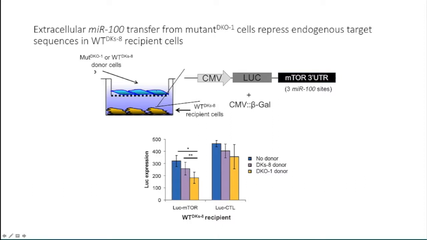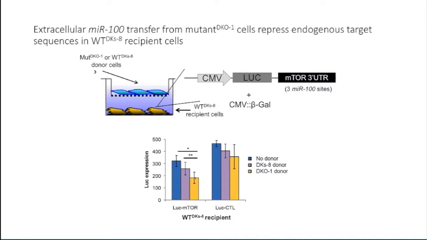And then we went back and did our transwell assay the same way, and we're going to see whether miR100 being transferred from the donor cells to the recipient cells is going to silence mTOR. And as you see here, we saw suppression of that when we have mTOR. In the controls, there's no statistical difference. When we have the mTOR 3' UTR, we saw a miR100 dependent repression of luciferase activity in the cells. Okay.